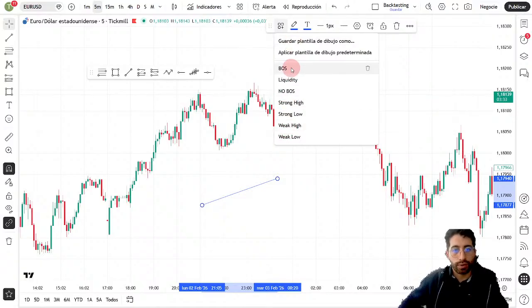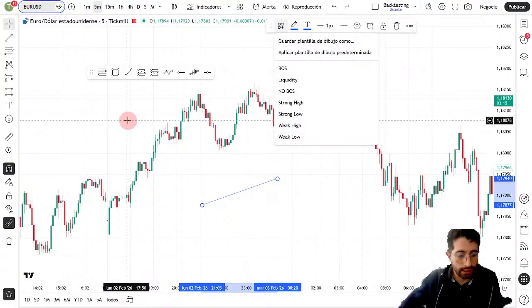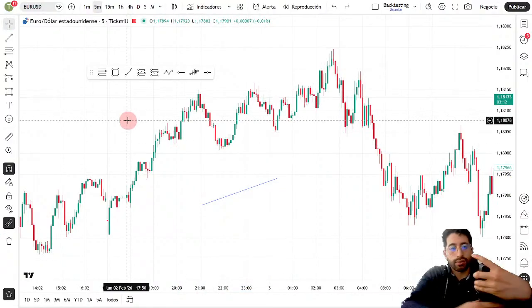So I have BOS, which means break of structure, liquidity, no BOS, which means no break of structure, strong high, strong low, with high and with low. So I have these different eight patterns for this one.